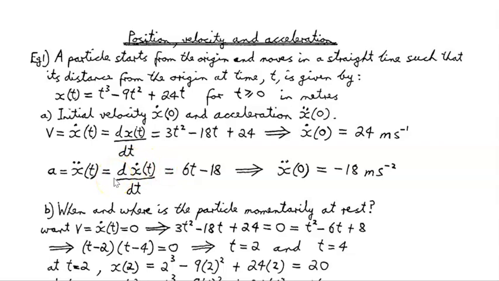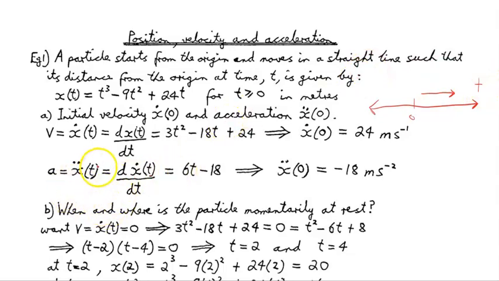Okay, and we can take that as being to the right. So we can have a line like this, and we can have an object moving this way. Take to the right as positive, to the left negative.